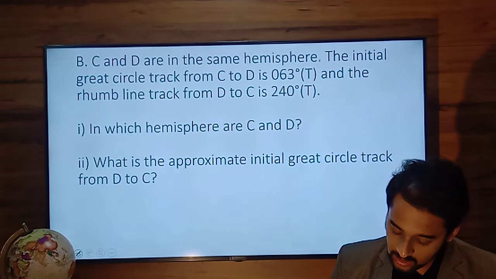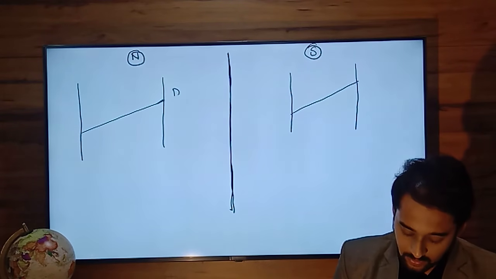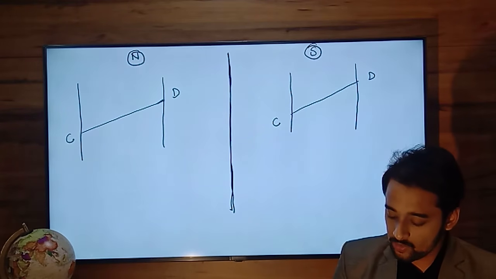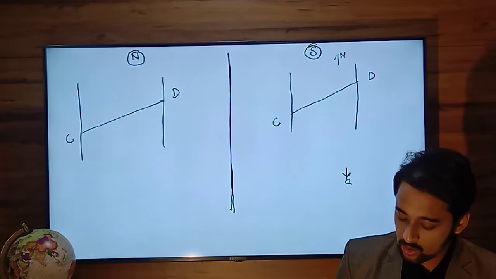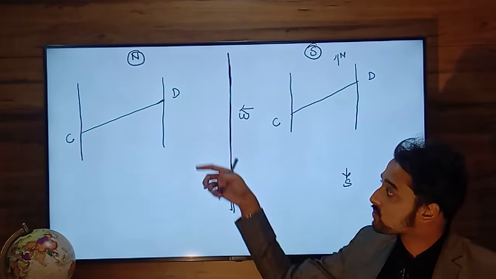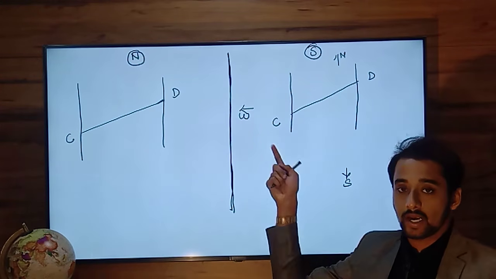Rhumb line B to C is 040. So this will be your north direction, south direction, west direction. So 240 is a southwesterly direction. That's why I pointed this B to C rhumb line towards the southwesterly direction.